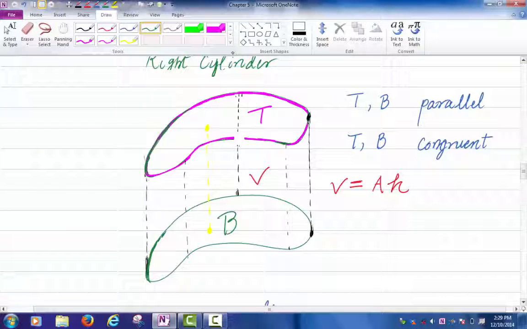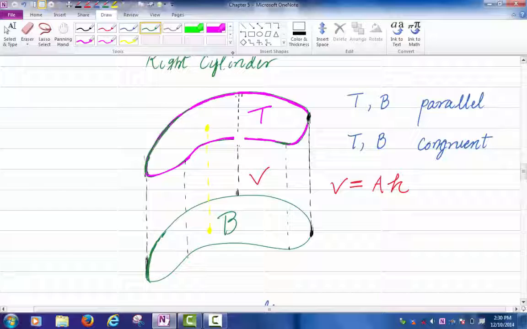Geometrically they are the same, like congruent triangles, congruent rectangles. So the top and the bottom are congruent and parallel. You can think of the cylinder as consisting of vertical line segments joining the top and the bottom.